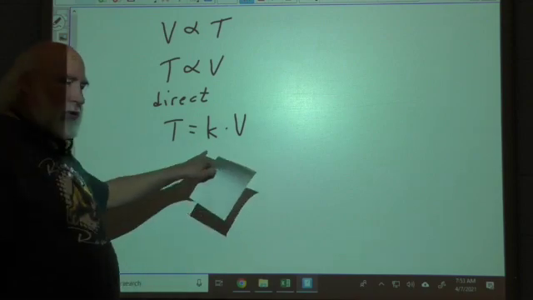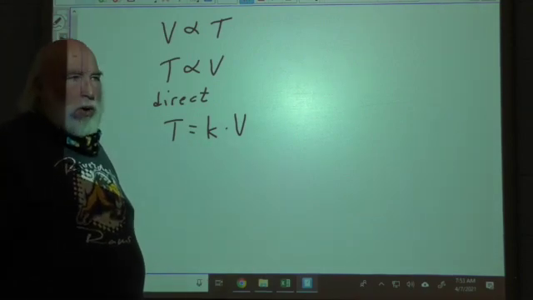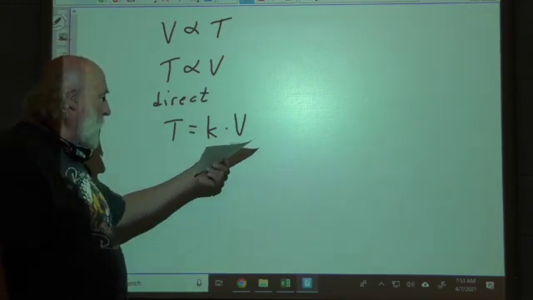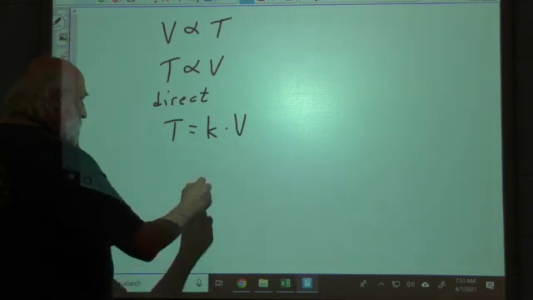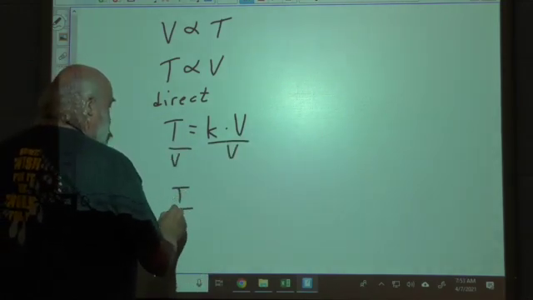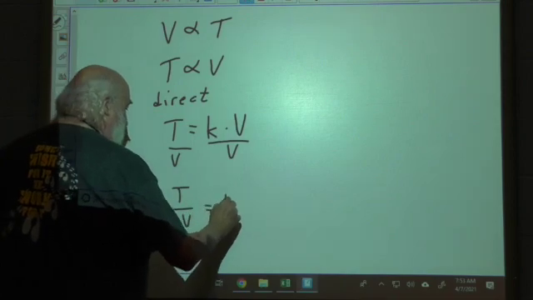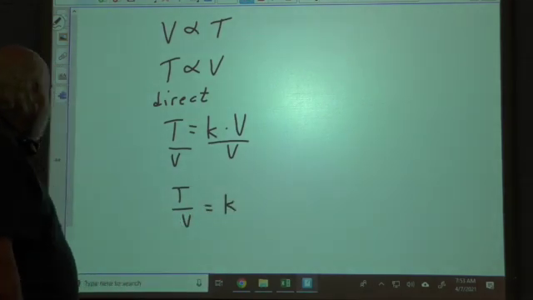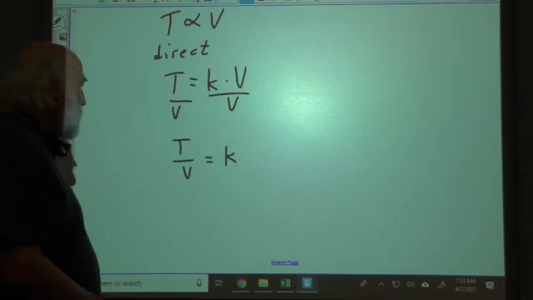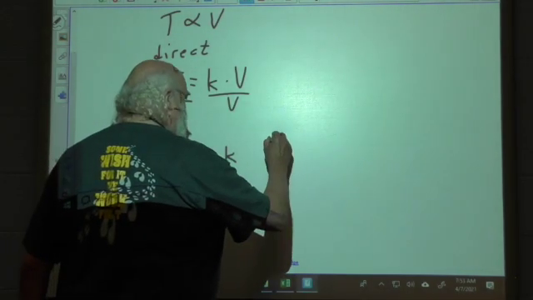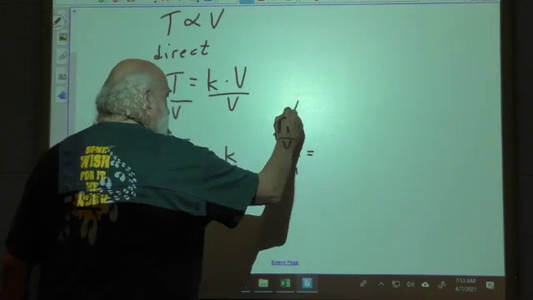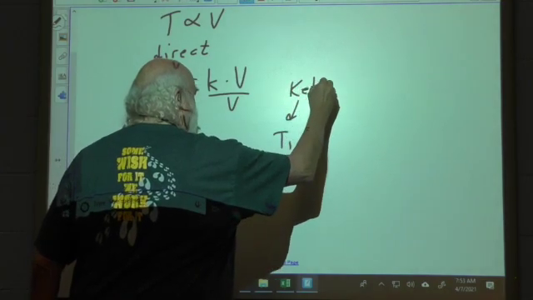Now, this number is not important to us. We want to develop a formula that's going to get rid of that K. So I'm going to isolate K by dividing both sides by V. And so that means that T over V is going to equal K. So if we take one set of conditions with the corresponding temperature and volume, which I'll call T1 and V1, we divide those two out, and temperature must be expressed in Kelvin.